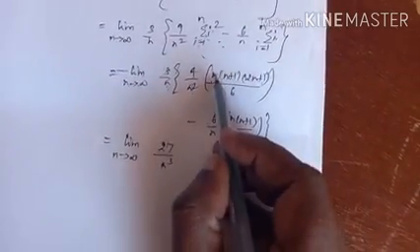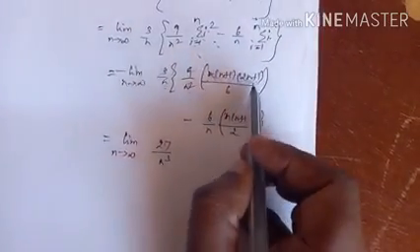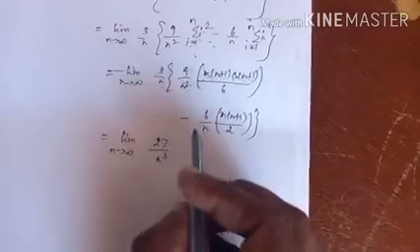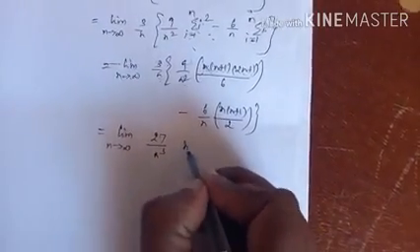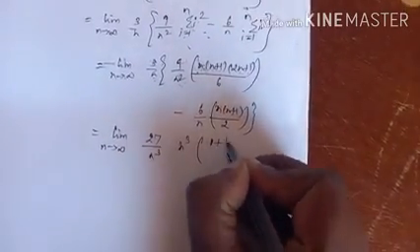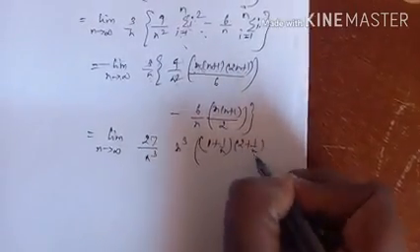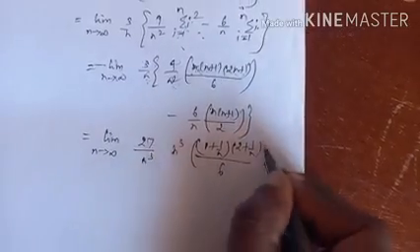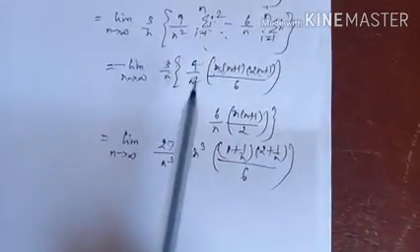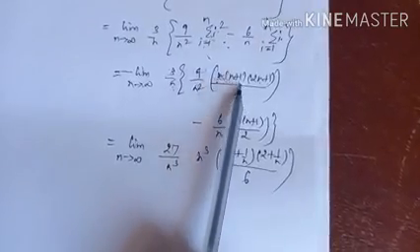In order to get n in the denominator, I take this n outside. So see, it is n cube into 1 plus 1 by n, 2 plus 1 by n, whole divided by 6. I have taken this n outside, so it becomes n square into 1 plus 1 by n.